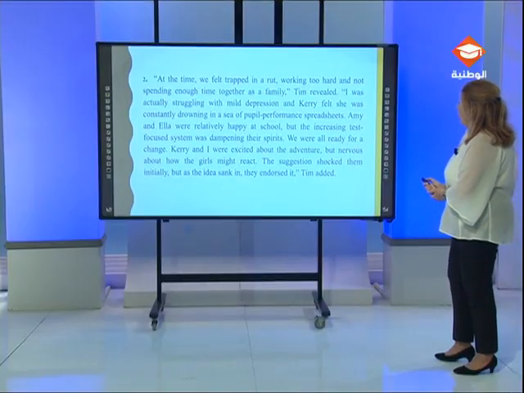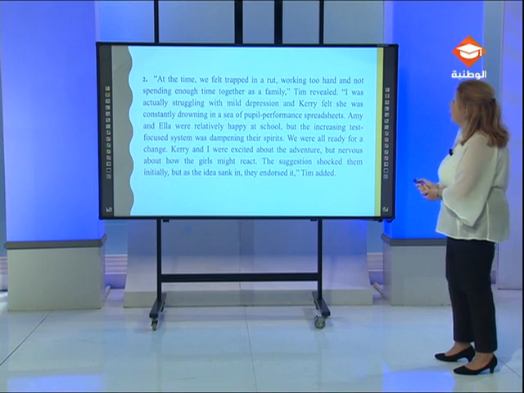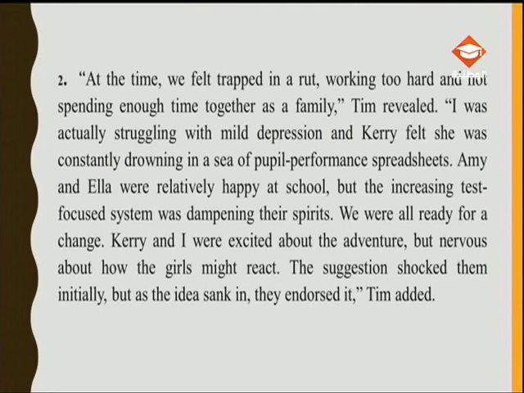So I reread the paragraph, and then I have to spot the right answer. The answer is at the end of the paragraph. The suggestion shocked them initially. Initially means at the beginning, but as the idea sank in, they endorsed it.